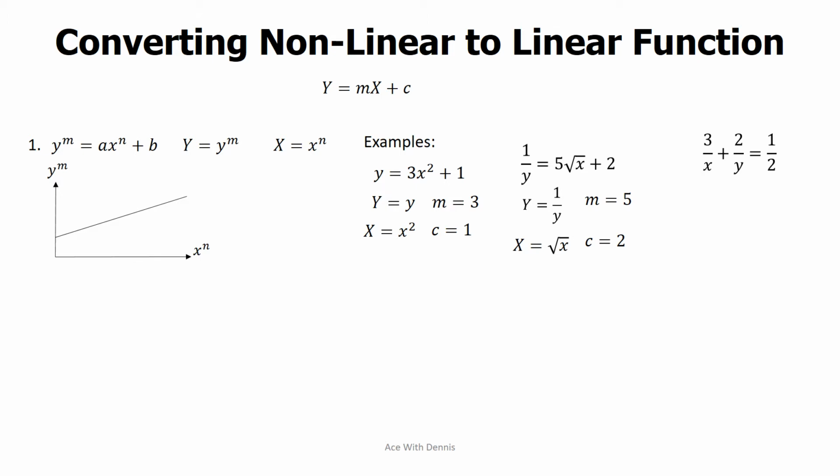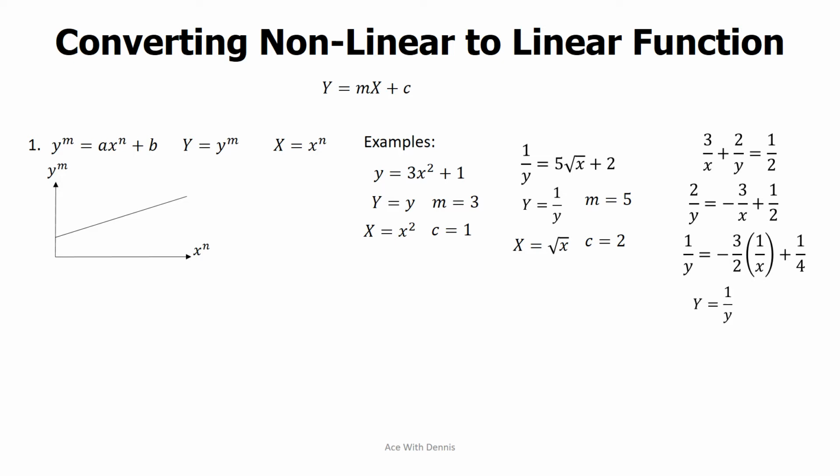Here's another example. 3 over x plus 2 over y equals 1 over 2. So we need to rearrange this equation, which is 2 over y equals negative 3 over x plus 1 over 2. Then we divide by 2 on both sides. We get 1 over y equals negative 3 over 2 bracket 1 over x plus 1 over 4.